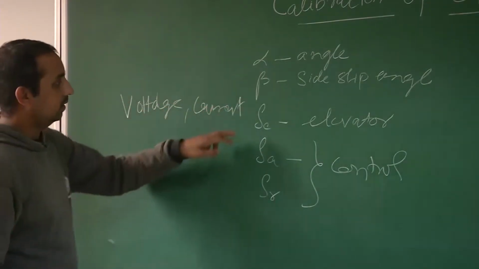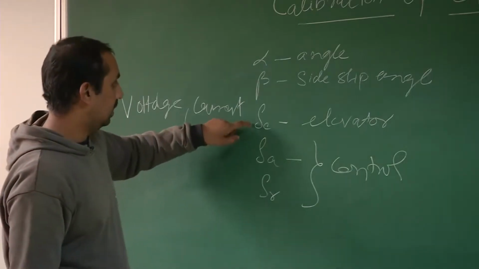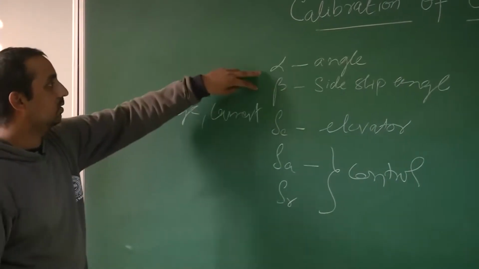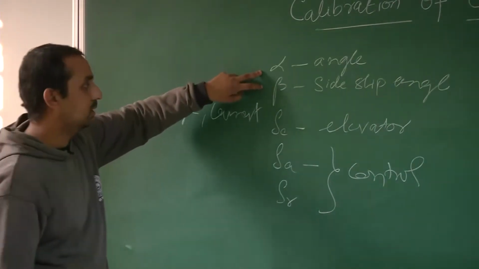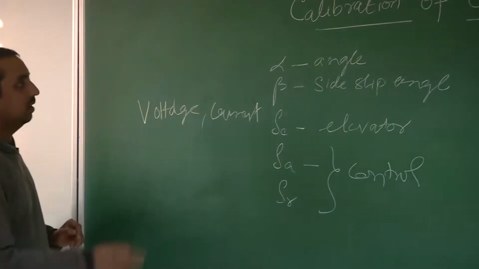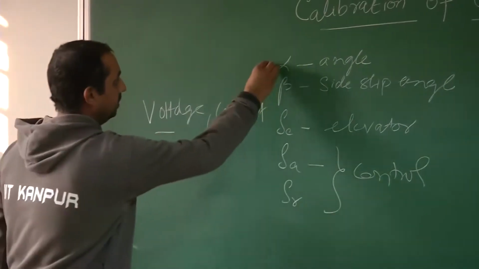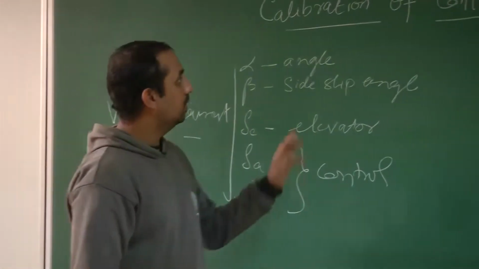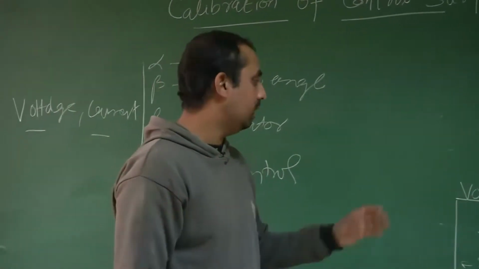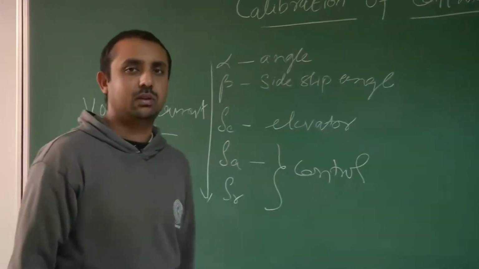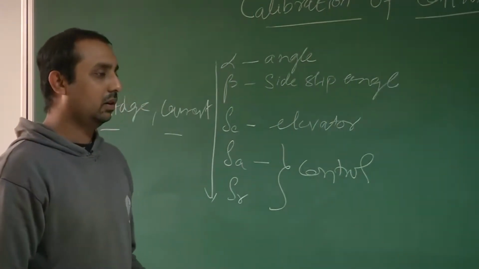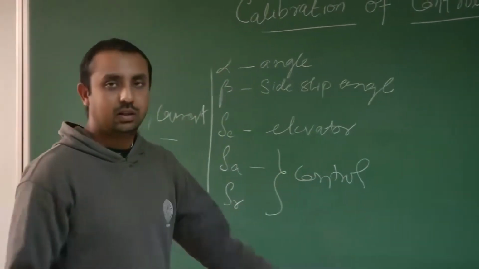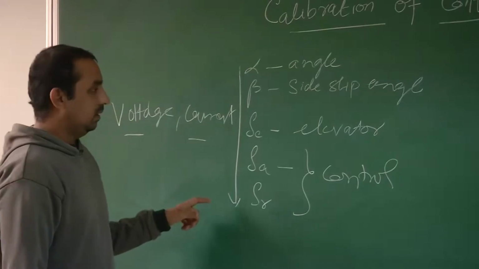So that's why, for determining the deflection of a control surface, or the angle of attack or sideslip angle, you need a relation between voltage, current and these physical parameters which you want to measure. So that's why we need calibration of the control surface. Not only the control surface, we need different calibrations, even for angle of attack and for calculating sideslip angle.